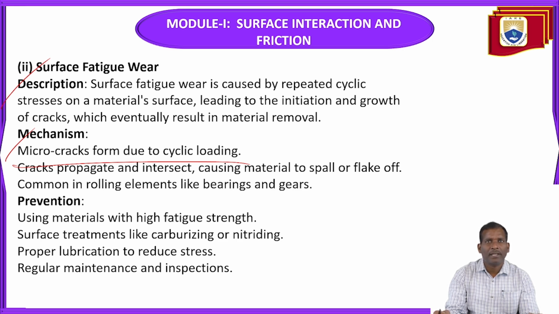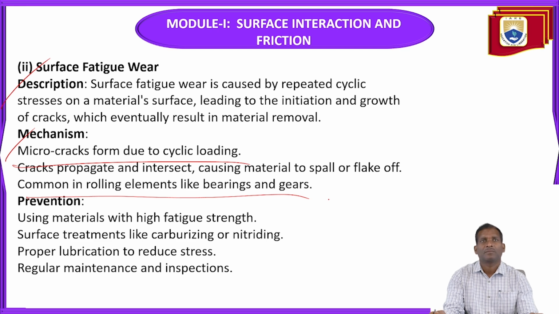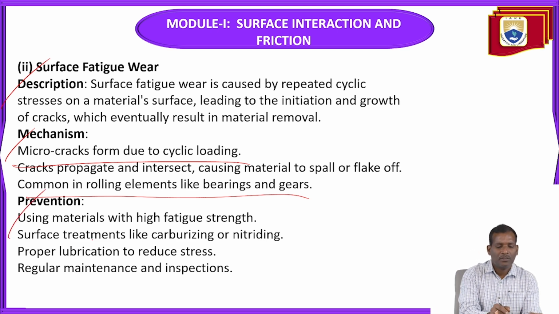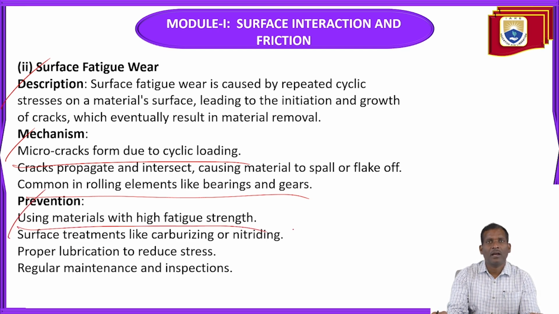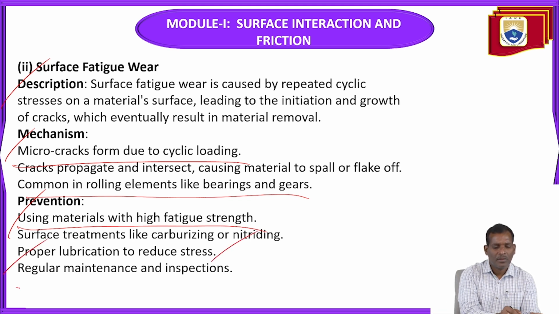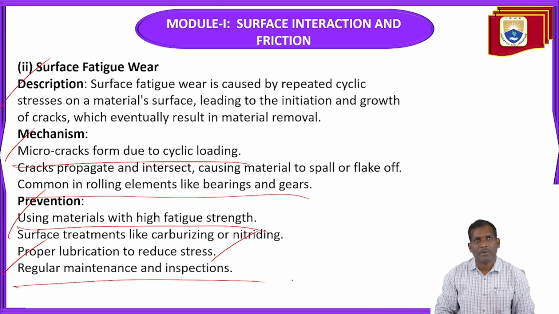Cracks propagate and intersect, causing material to fall or flake off, common in rolling elements like bearings and gears. The prevention is using materials with high fatigue strength, surface treatments like carburizing or nitriding, proper lubrication to reduce stress, and regular maintenance and inspections.